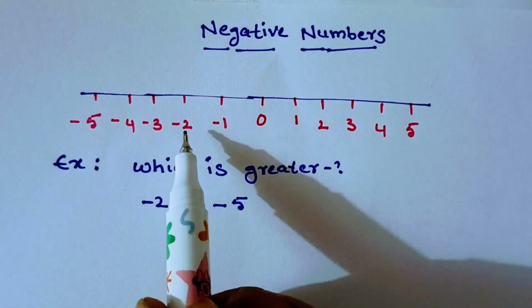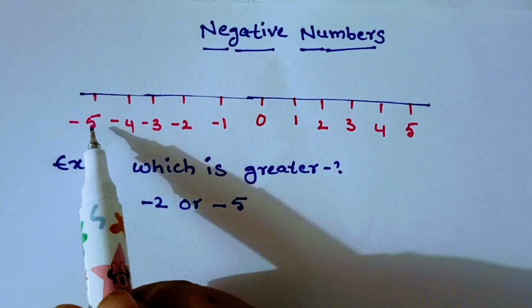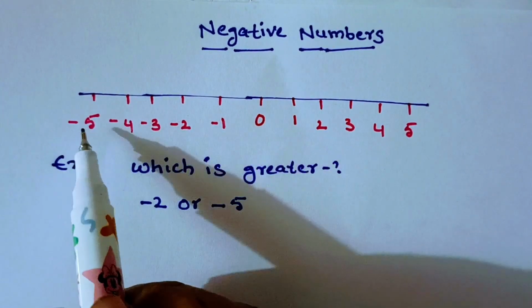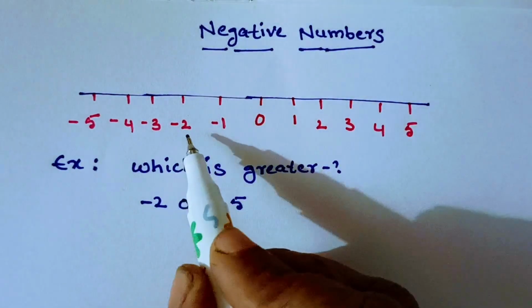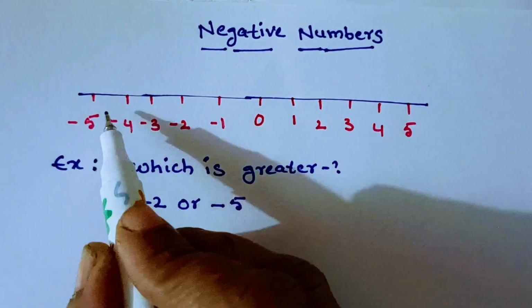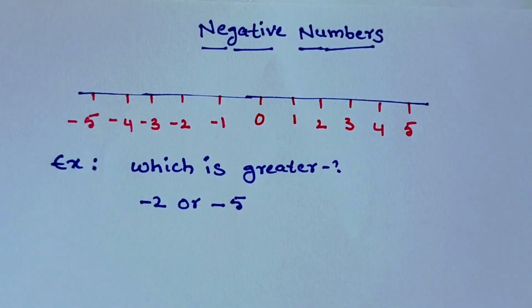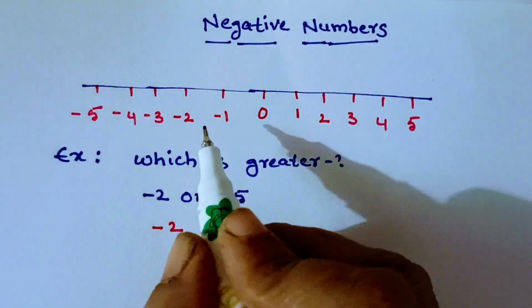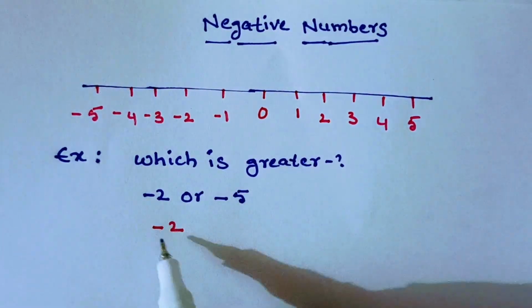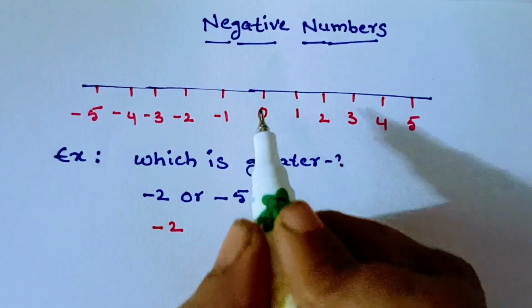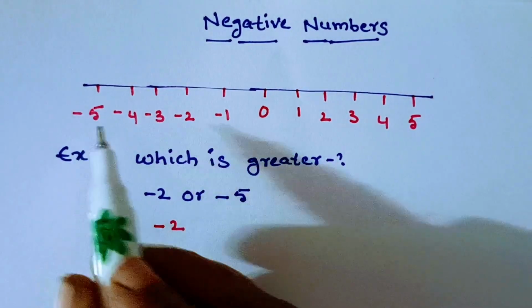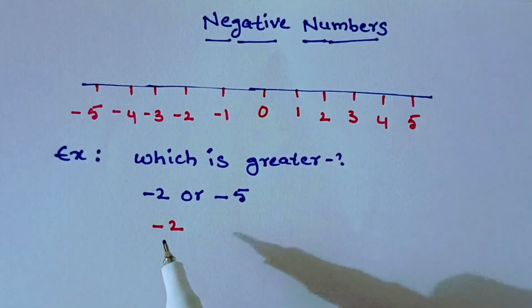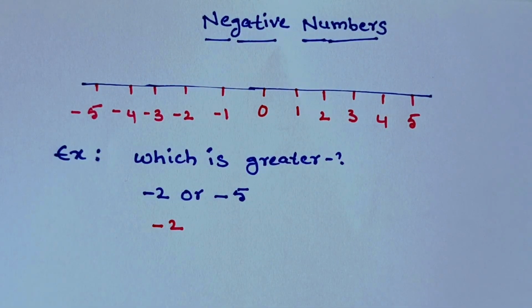So -5 is smaller and -2 is bigger. In negative numbers, nearer to 0 is the bigger number. -2 is nearer to 0 than -5. So, -2 is the bigger.